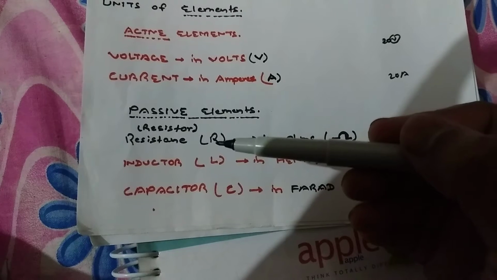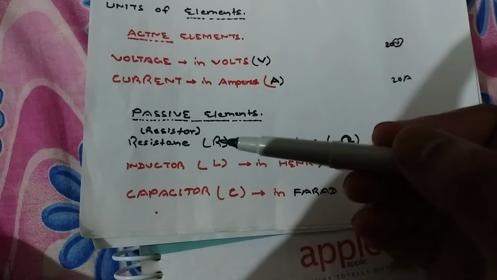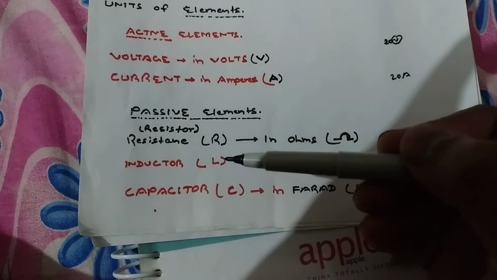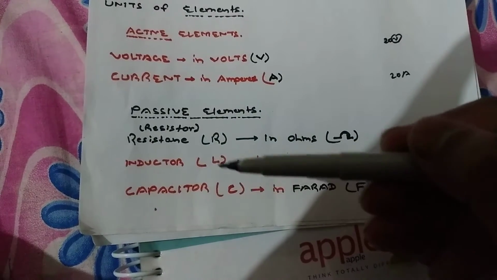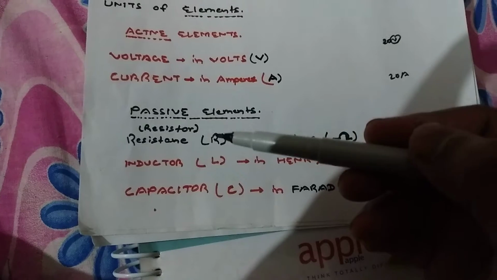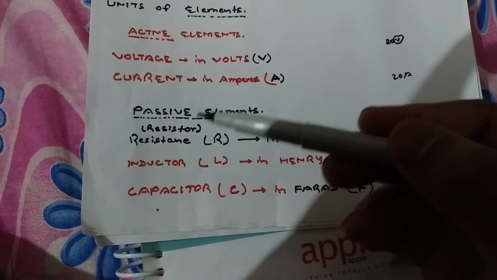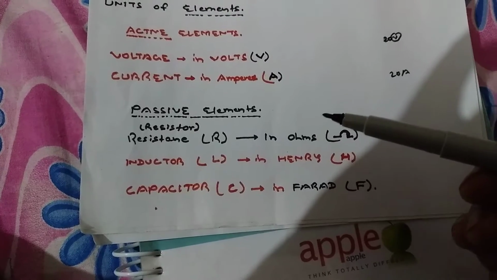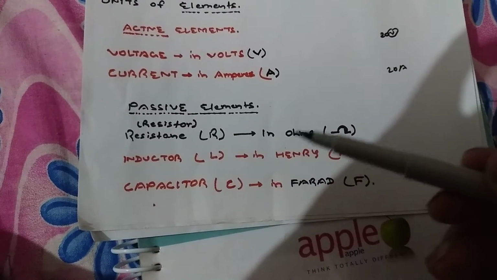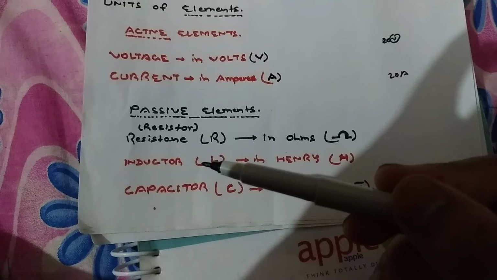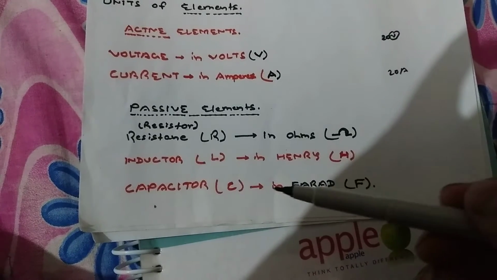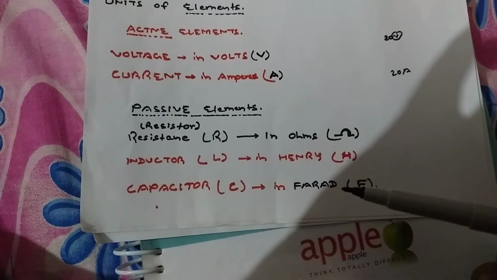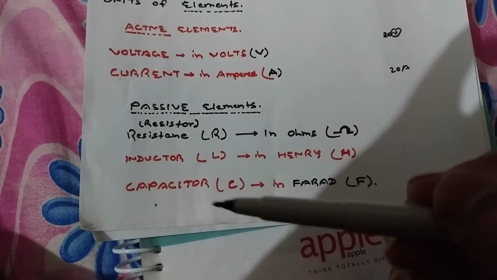R only dissipates energy और ये टोटली एब्जॉर्ब भी कर लेता है पावर को. ओके, बट एल एंड सी स्टोर करता है, एनर्जी को स्टोर करता है. आर रेजिस्टर जो होता है उसको रिप्रेजेंट करते हैं हम ओम्स से. ओम वाज अ साइंटिस्ट. हेनरी भी एक साइंटिस्ट था जिसको रिप्रेजेंट करते हैं हम लोग एल से. और फराड भी एक साइंटिस्ट था जिन्होंने रिप्रेजेंटेशन ऑफ कैपेसिटर को दिया था.